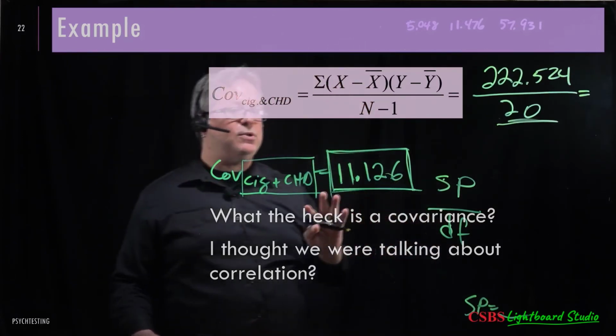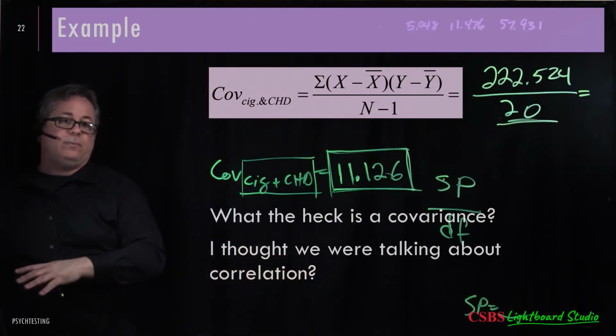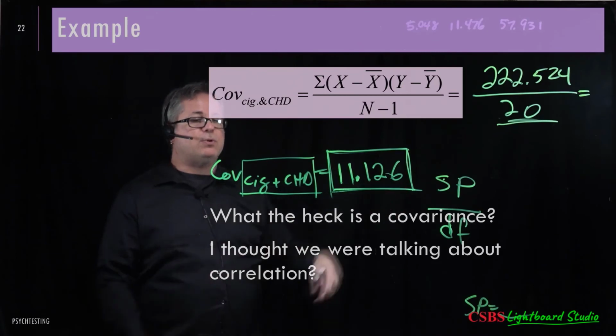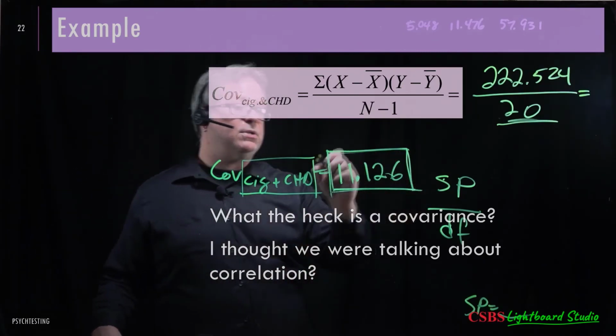So we haven't got the correlation yet. We calculated the covariance, and in the next slide we'll convert that to correlation. This is basically an unstandardized correlation.